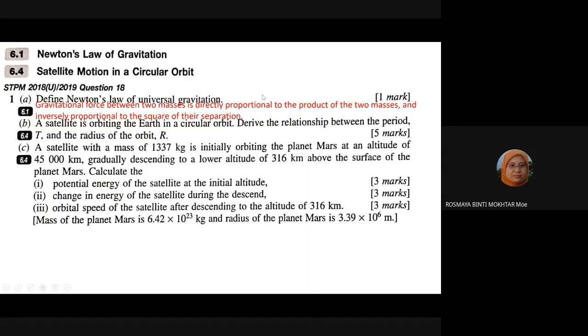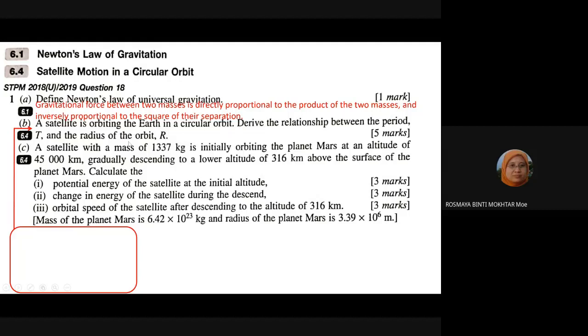So 1 mark only. Now B: a satellite is orbiting the Earth in a circular orbit. Derive the relationship between the period T and the radius of the orbit R. To find the period, you use the circular motion concept, centripetal force, from chapter 5.